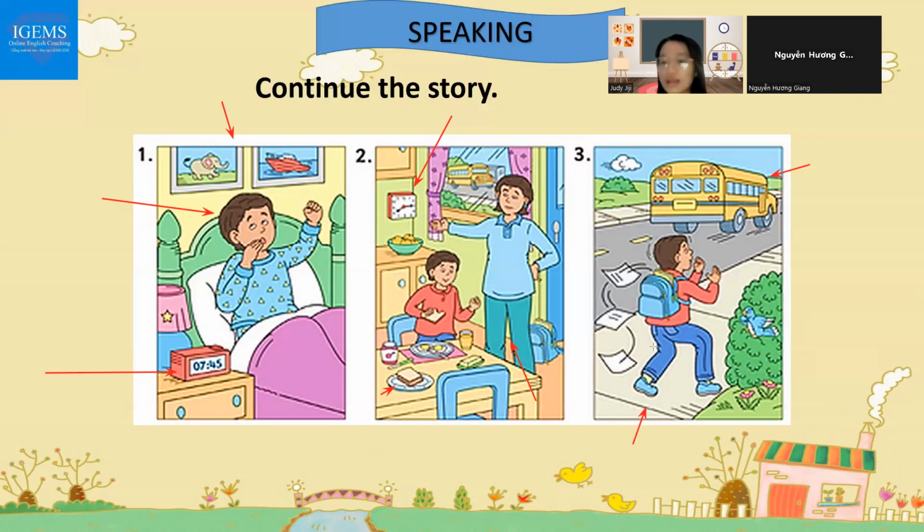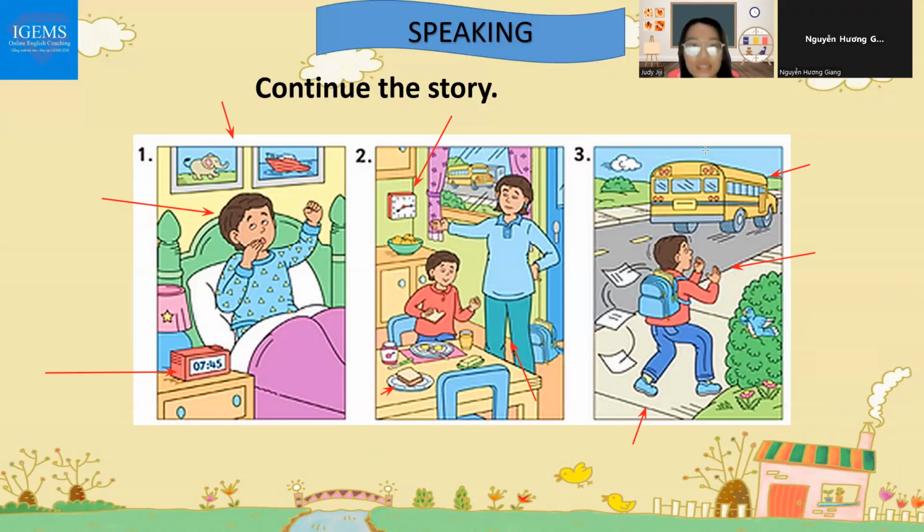Why is she running? And the papers have fallen out of her bag here. Tell me what is the action of this girl at the moment. Okay, so you need to tell a story of at least 2 minutes.